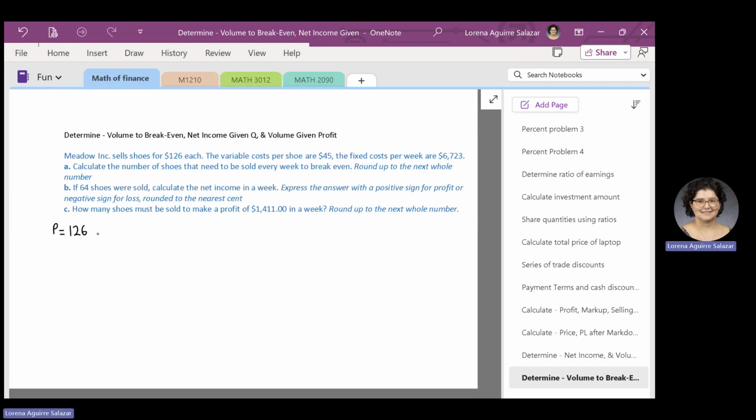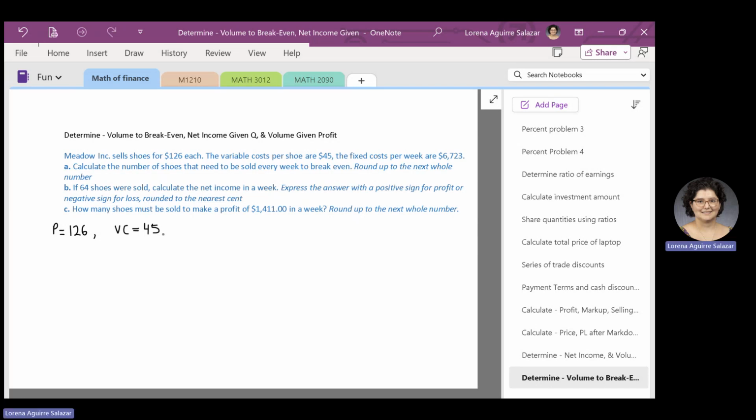Next, we need to talk about variable costs per shoe. We have that variable costs per shoe are $45. Those $45 could come from the cost of materials, the cost of labor, or revenue-related costs such as sales commission, royalties, etc., that are necessary to produce one shoe.